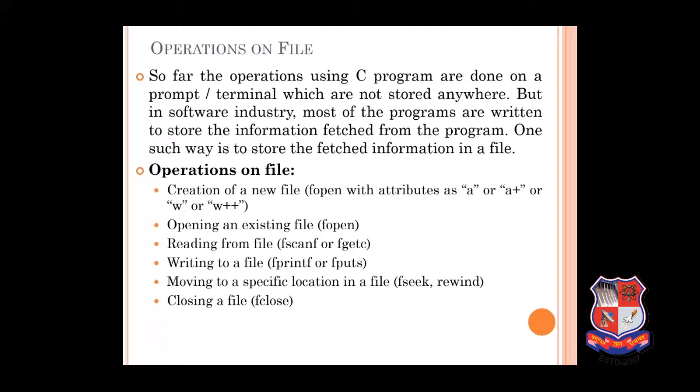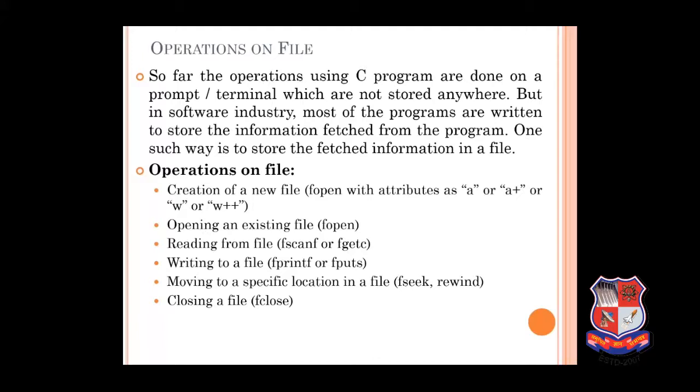So after opening a file, we can read from the file whatever data that file is containing. We can read it using fscanf or fgetc. fscanf is used for getting the data from file, or file scanf, and with getc we can read data character by character from file.